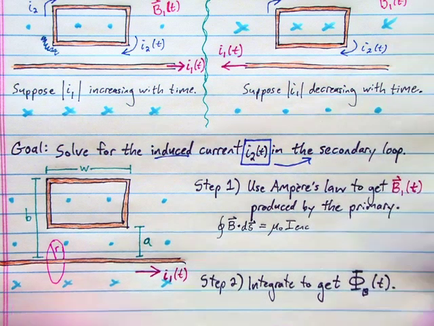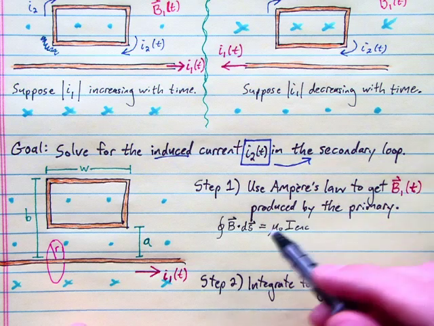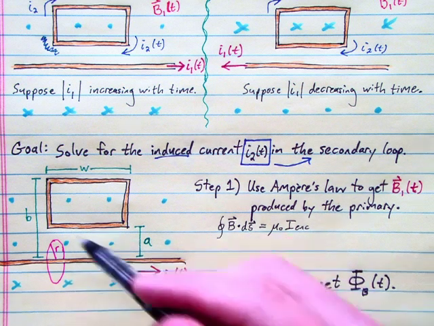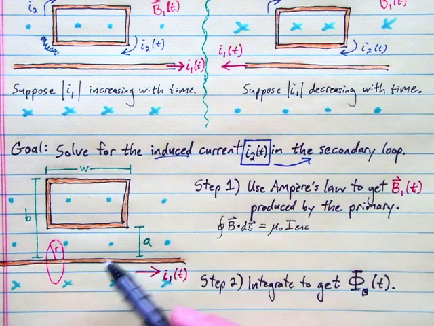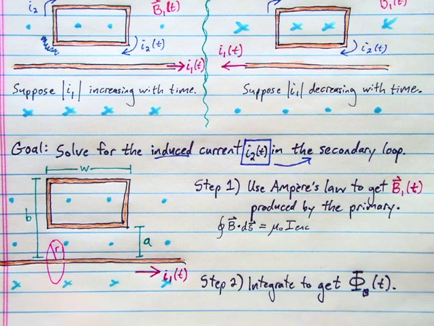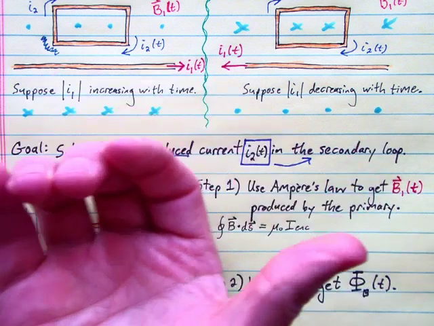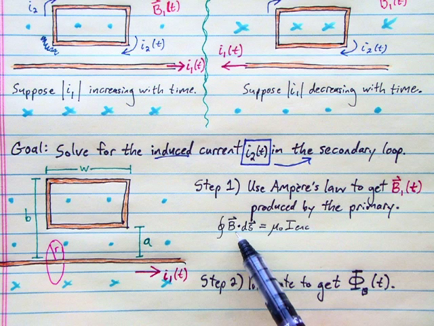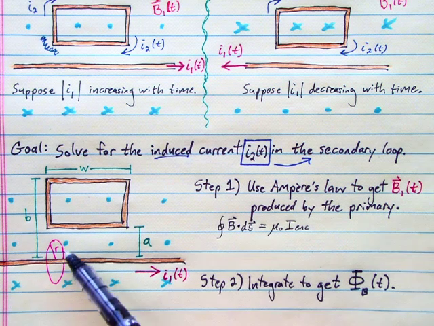Okay, so we've solved this many times before. Let's say if our current is going this way, then our ds's will have pointing around this direction. So we'll be integrating in this direction around the loop, so that the B field is parallel to ds at all points on here.